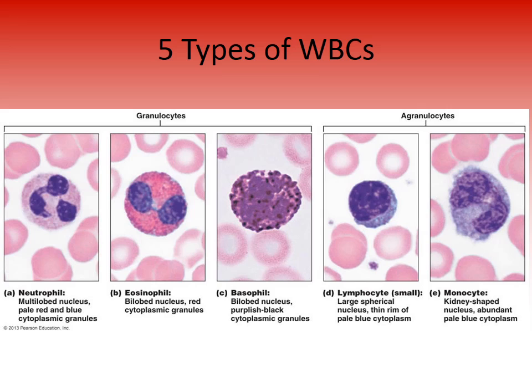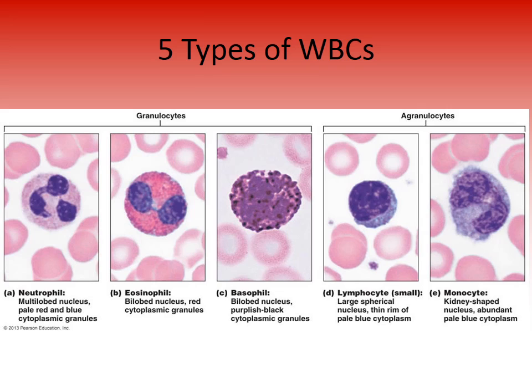The first one, A, is a neutrophil, which is our first granulocyte. Sometimes the granules are a little bit tricky to see in that neutrophil, but then we have our eosinophil, which looks like a neutrophil except it has very pink granules that are very visible. And then C, our last type of granulocyte, is a basophil with very dark purple granules, much larger than the eosinophil's and very visible.